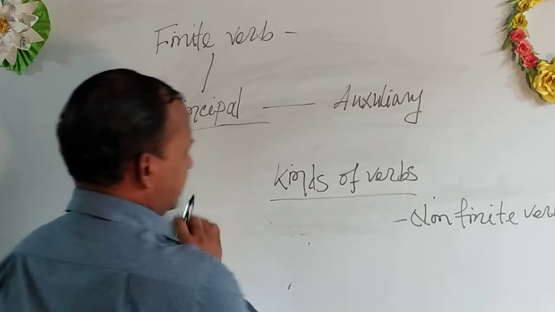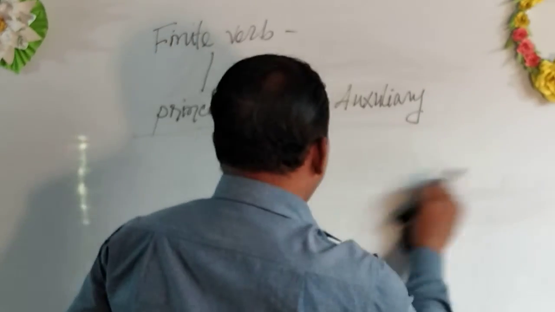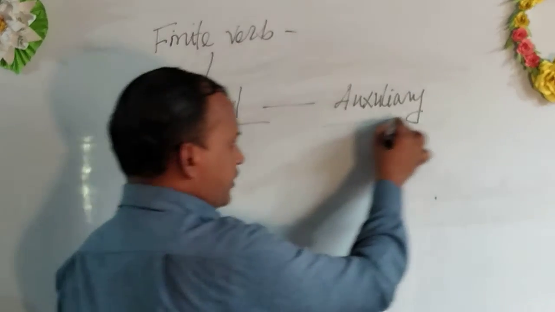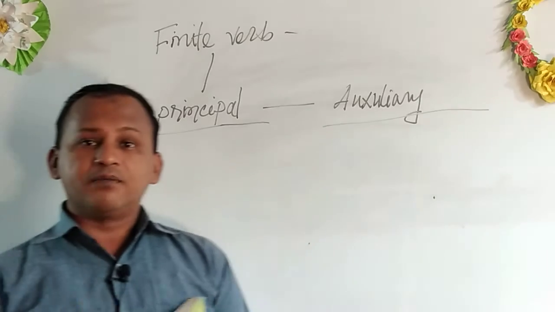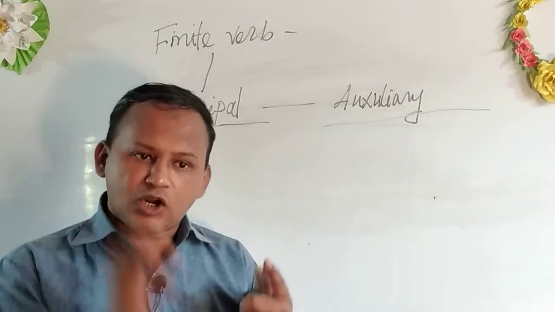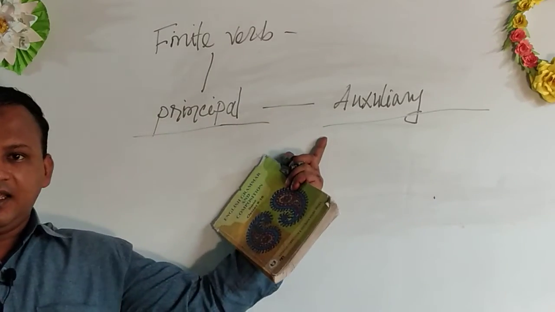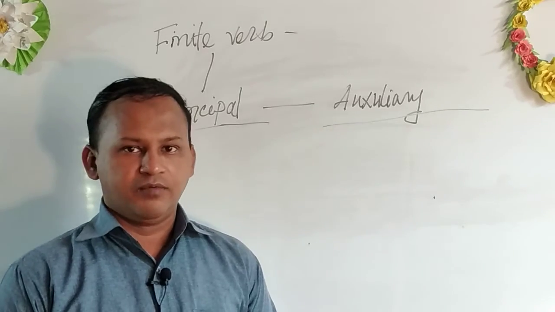Look at that. The auxiliary verb has no work of its own, but it helps the position of the sentence, as it extends the sentence and helps another word. This is called the auxiliary verb.